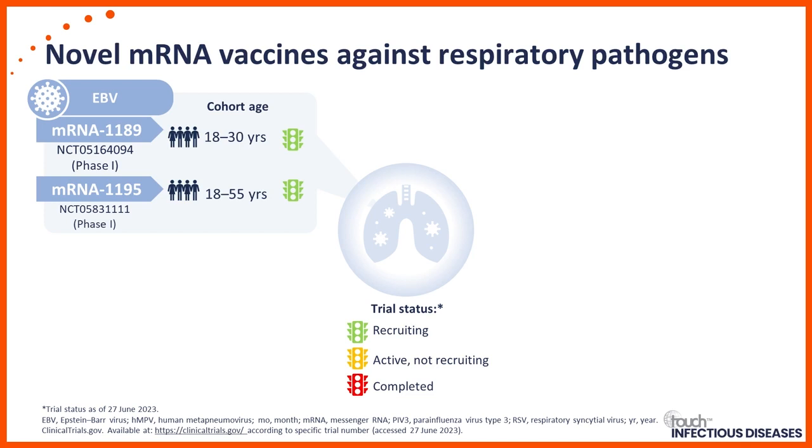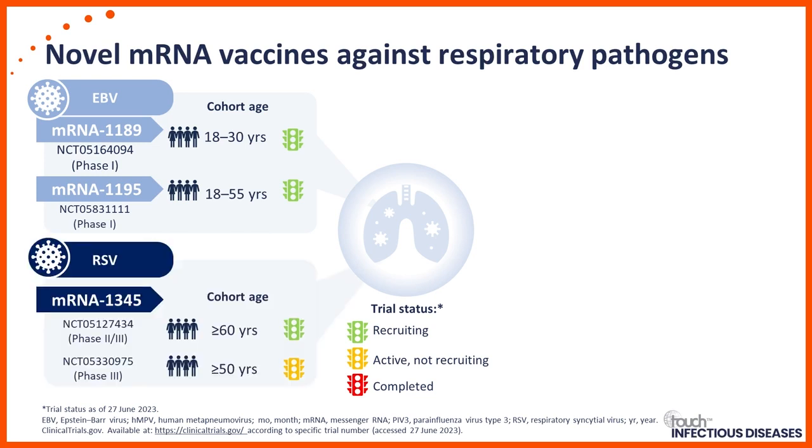And that program is moving along, and studies are being done. One that's fairly advanced is against RSV, known as respiratory syncytial virus. And that's a respiratory virus that causes severe illness in very young babies and in older and frail adults with underlying heart and lung diseases.